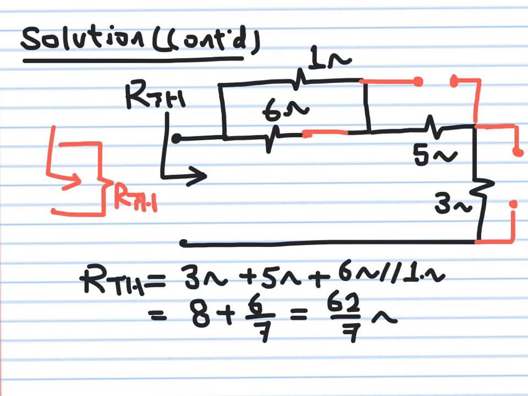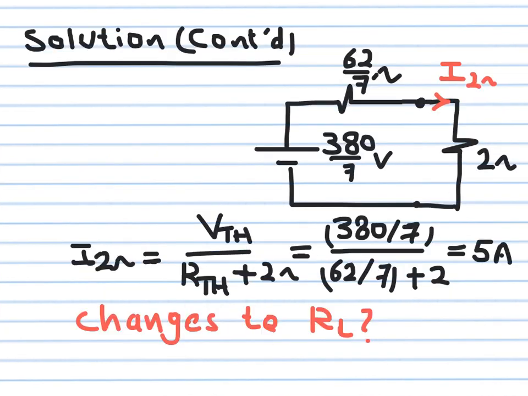Okay, so now we found the Thevenin voltage, we found the Thevenin resistance. We are all set to calculate the current flowing in the 2 ohm resistor. So now we build an equivalent circuit. So what we did now, we replaced the whole circuit between the two terminals connected to the 2 ohm resistor by one resistance, which is Thevenin resistance, and one voltage source, which is the Thevenin voltage source.